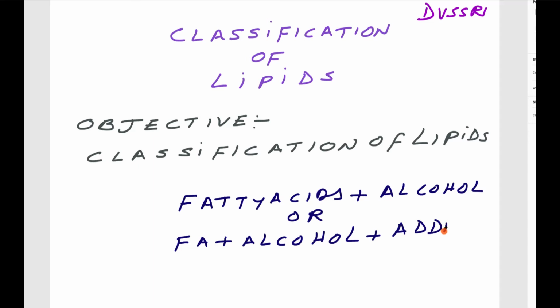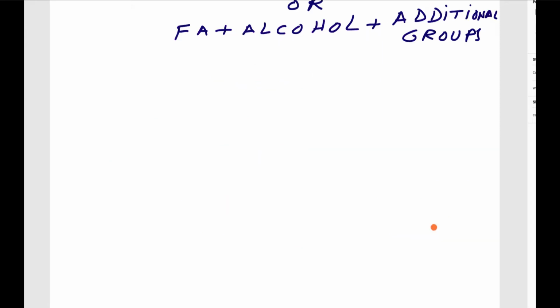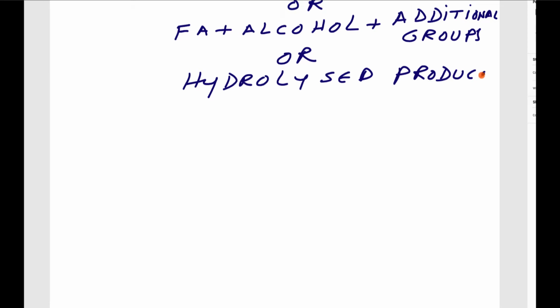In addition to the fatty acids and alcohol, there may be additional groups present, or hydrolyzed products of the above two groups. What are those? Fatty acids plus alcohol, or fatty acids plus alcohol plus additional groups.